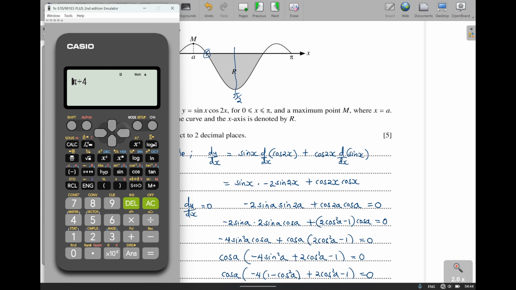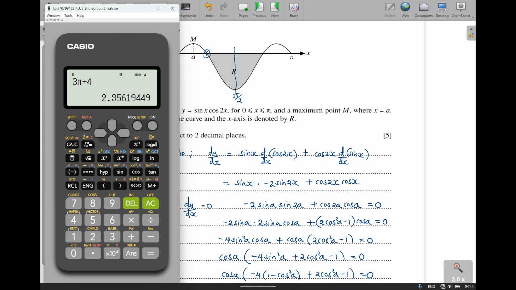But then when we get 3 pi over 4, this one here is 2.356. It is bigger than the value of A, bigger than the 0.421, okay? How about pi over 2? Is it bigger than pi over 2?